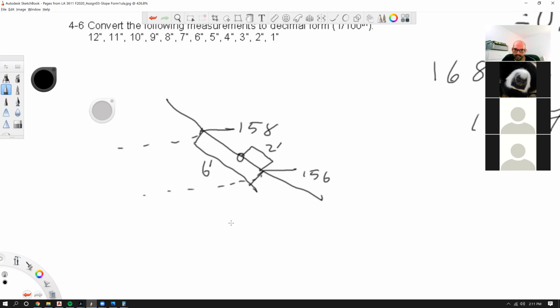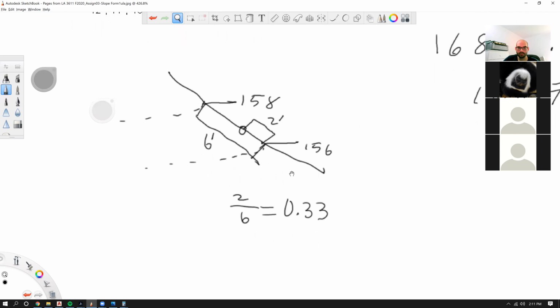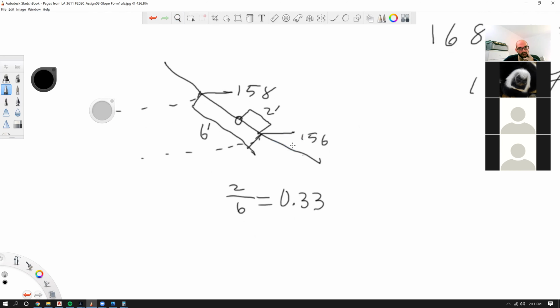So we're still going to take our 2 feet over 6, which is going to give us 0.33. There's no good way to do that. I guess the only way I can really say is that it wouldn't make sense if you were to say, this is our midpoint here, right?